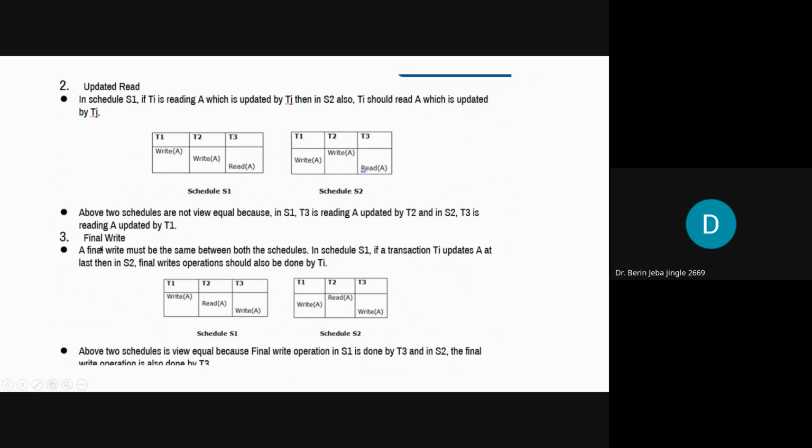Next, the last condition is final write. The final write must be the same in both schedules.